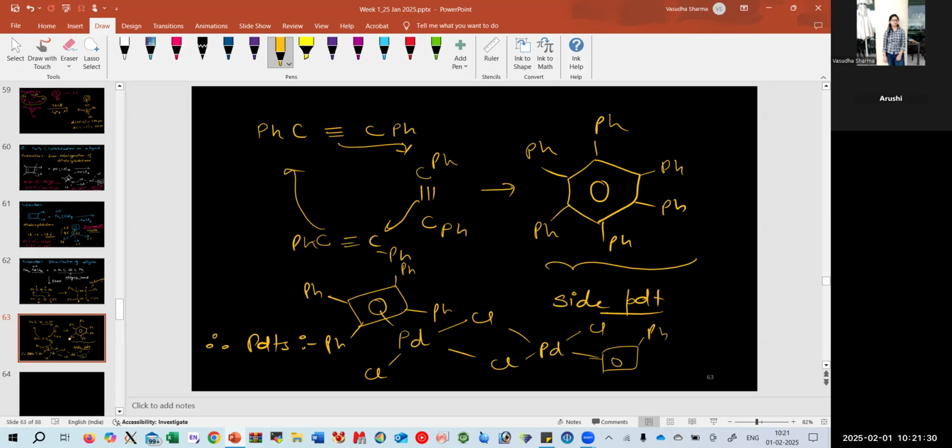So it's the same system that we saw with nickel earlier. And the side product would be this substituted benzene. So this is the kind of reaction we get from the dimerization of alkynes.